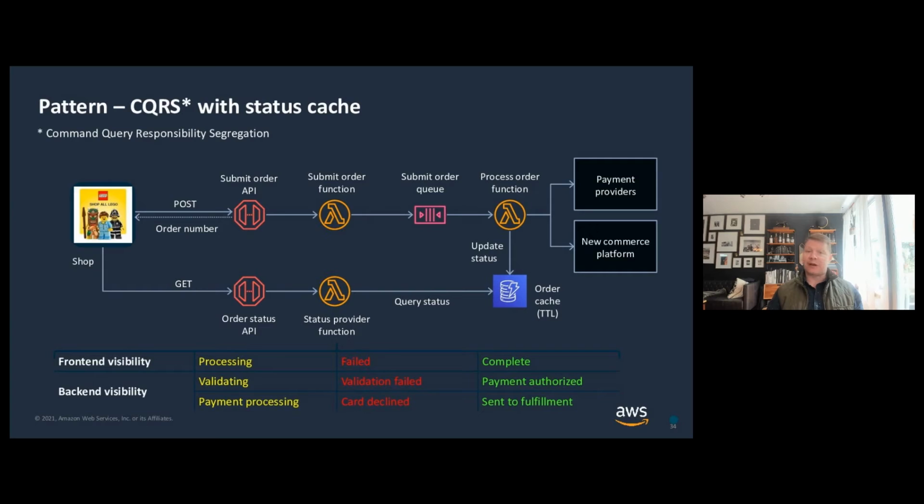However, different systems going through automated checks really just need to understand processing, failed, or complete. So depending on who's requesting, that API endpoint is going to give a different level of detail. And so this is overall a pretty solid pattern for implementing an order processing flow.